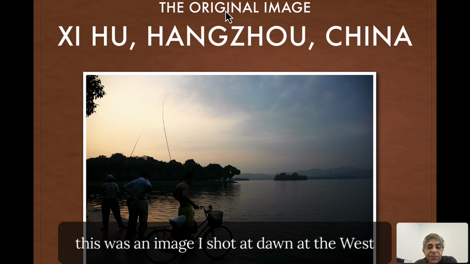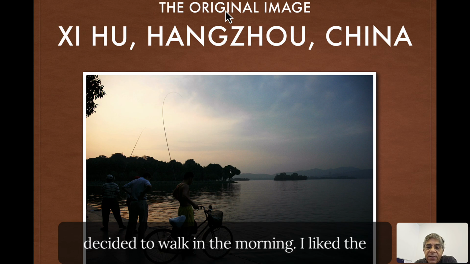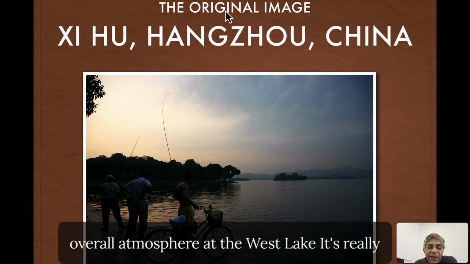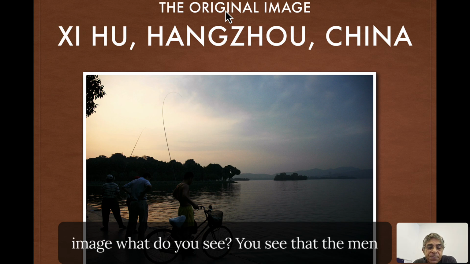So this was an image I shot at dawn at the West Lake. I had gone there for business and I decided to walk in the morning. I like the overall atmosphere at the West Lake. It's really beautiful, really calm. But when you look at this image, what do you see?